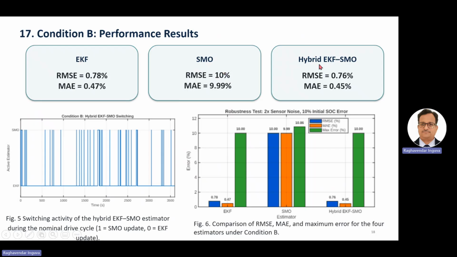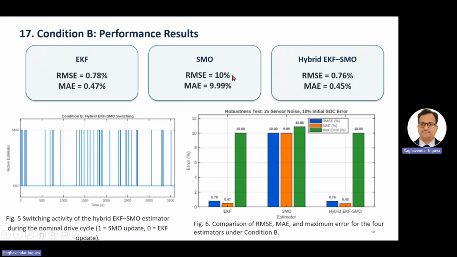And RMSE of the hybrid algorithm is 0.76%, which is just below the EKF. And if we compare MAE, the mean absolute error, it is 0.47 in EKF, whereas it is almost 10, 9.99, in SMO. And in hybrid, it is 0.45, which is below EKF.